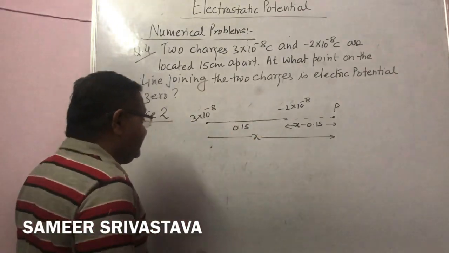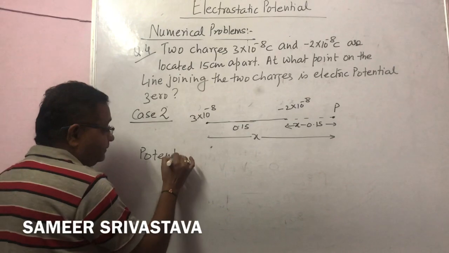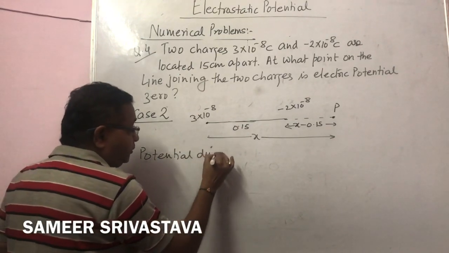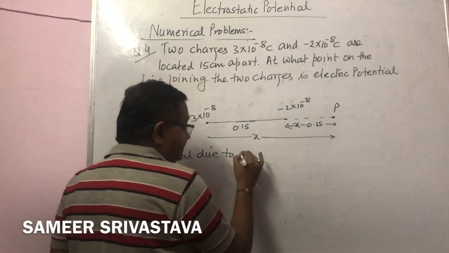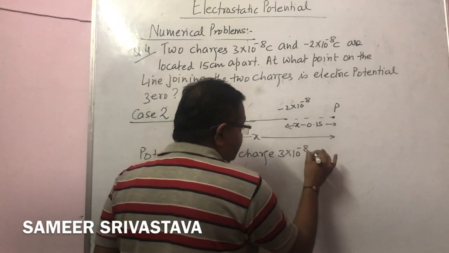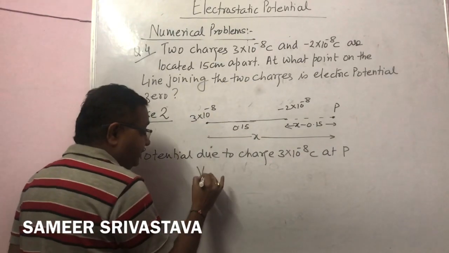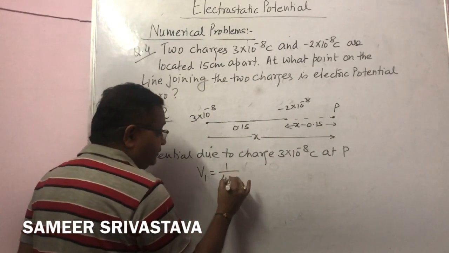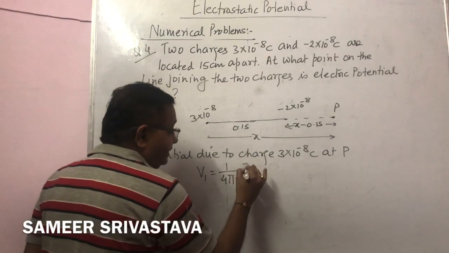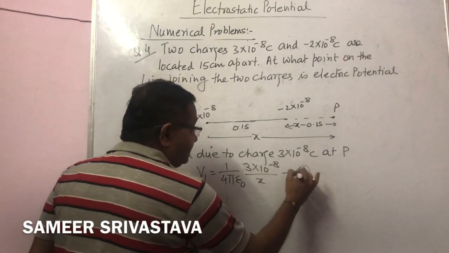Now again, the potential due to the charge 3 into 10 to the power minus 8 coulomb at P, we say this potential is V1. So V1 is 1 upon 4 pi epsilon naught times 3 into 10 to the power minus 8 upon x. This is equation number 1.